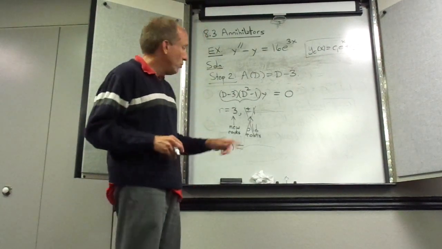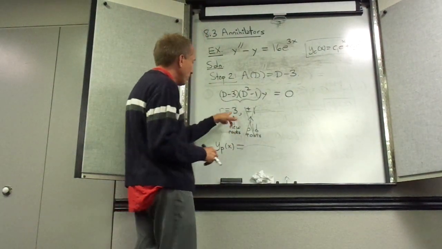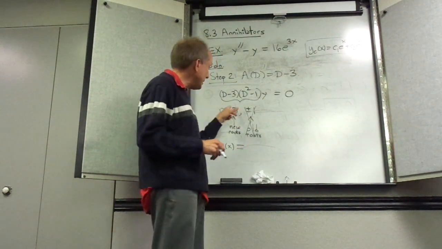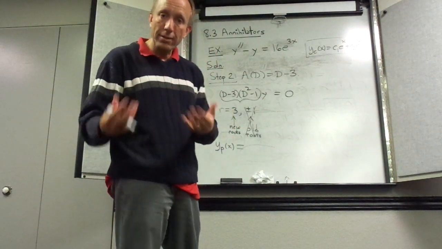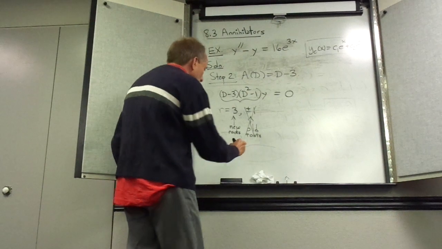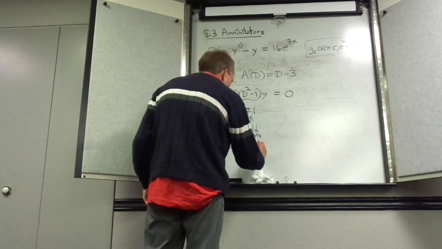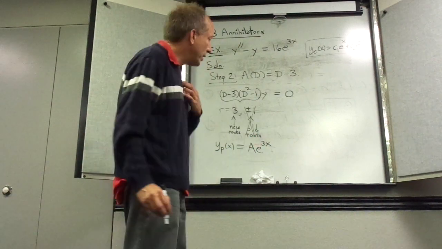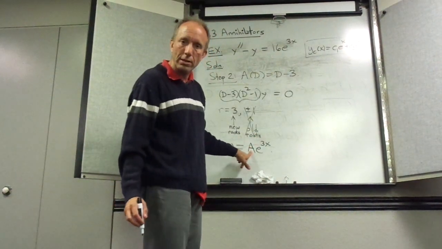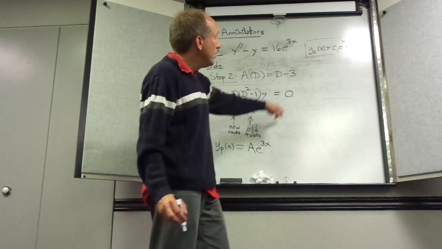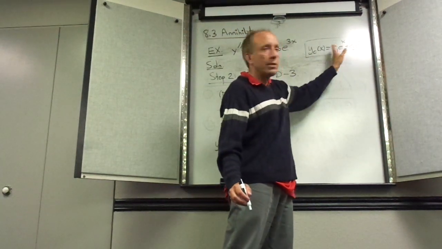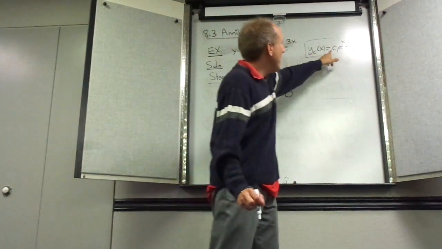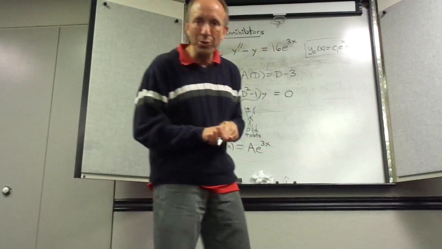Now, normally you might think that I would call this term C3 times e to the 3x. But I'm actually going to give it a different name. I'm going to call it A times e to the 3x. My reason for doing that is I don't want this constant, the A, to be viewed in the same light as the C1 and the C2 over here.